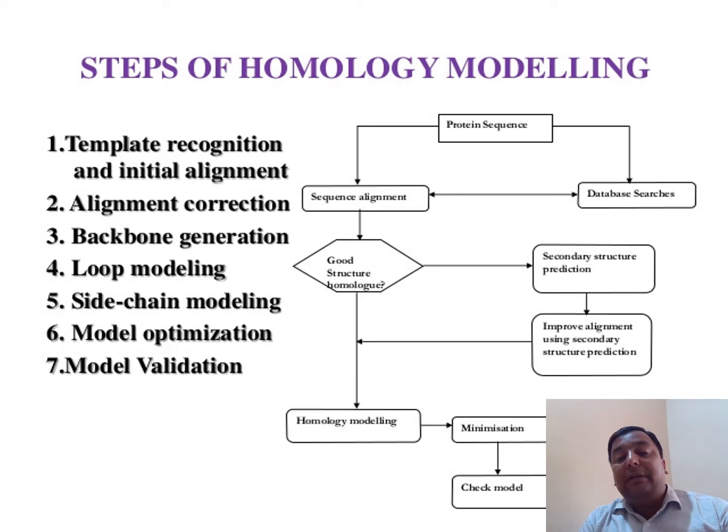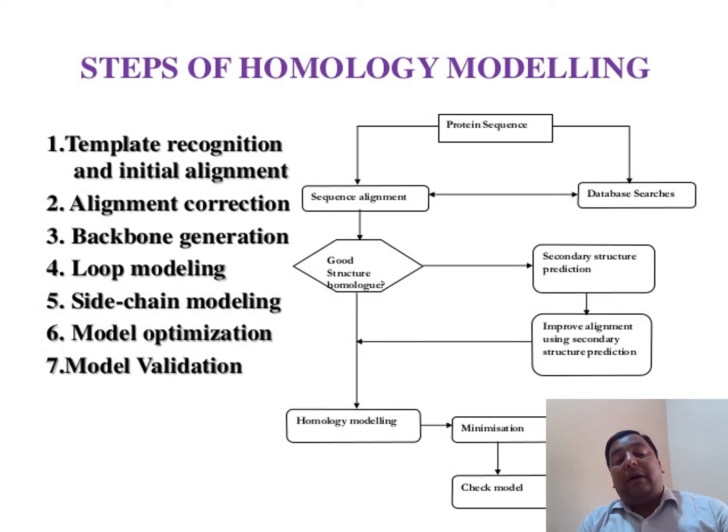Once we do that secondary structure prediction, we can also improve the alignment based on the secondary structure prediction tools. Then everything is okay, and we come to homology modeling.